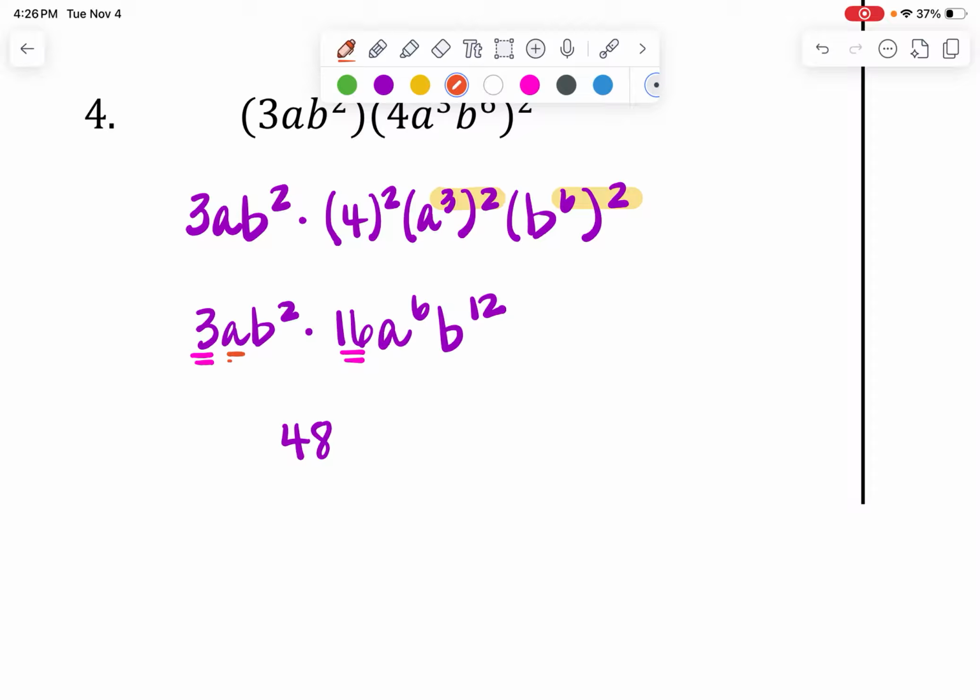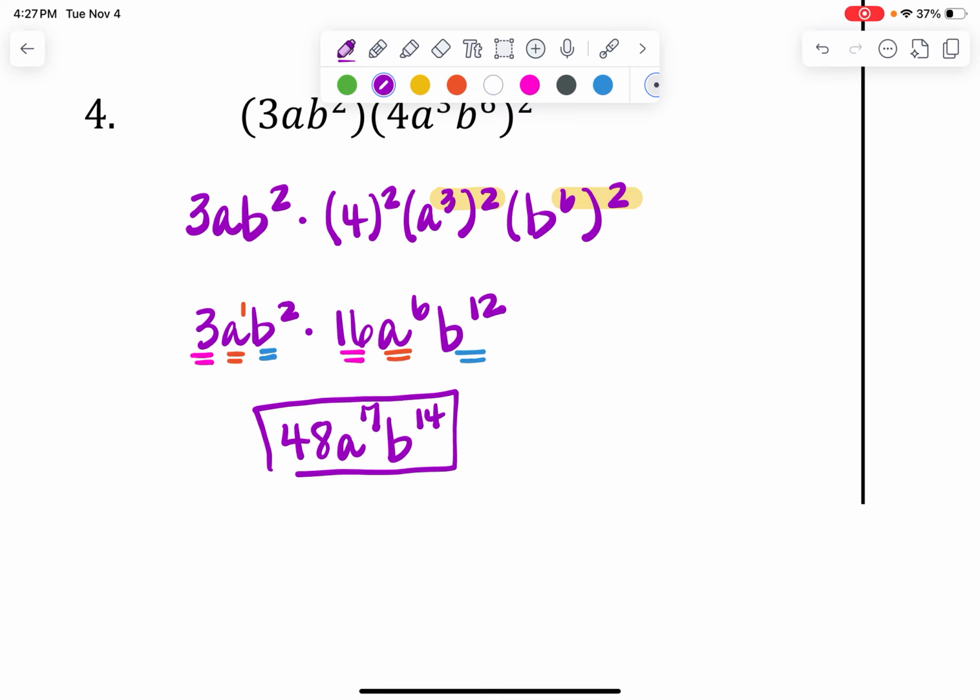I can multiply 1a, remember there's an understood 1 right there, times 6a's, but remember when we multiply, we add the exponents, so that's 7 total a's in our chain of multiplication. And then we have b squared and b to the 12th, and when we multiply, we add the exponents. So we end up with 14 total b's, and that is our final answer.